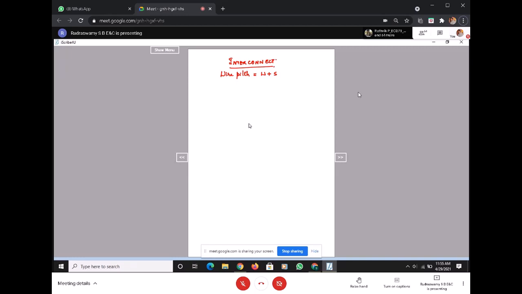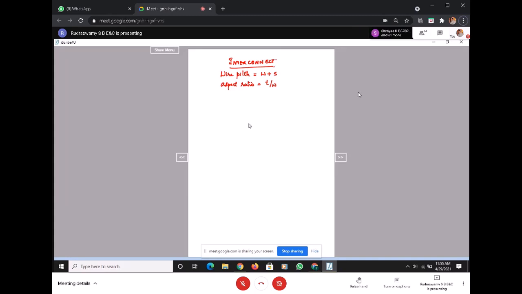Then we studied one more terminology, the aspect ratio. What is the aspect ratio? It is the thickness by the width. These are all important for us now.